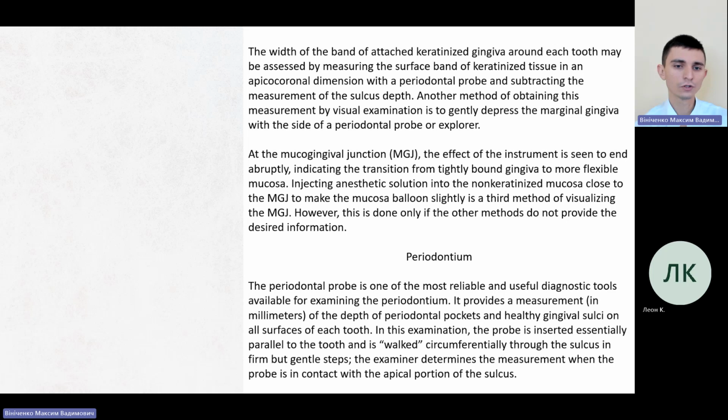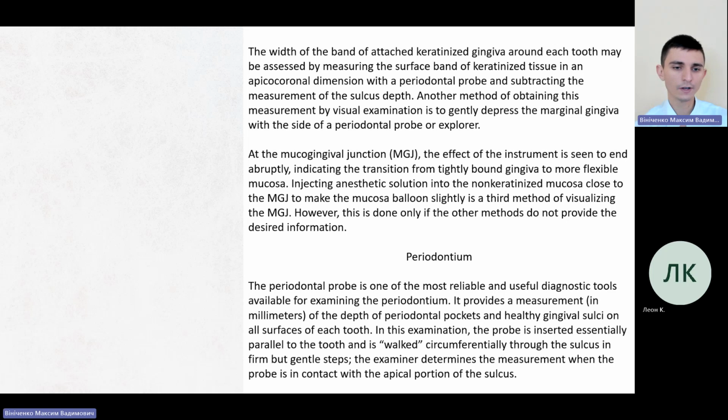Injecting anesthetic solution into the non-keratinized mucosa close to the MGJ to make the mucosa balloon slightly is the third method of visualizing the MGJ. However, this is done only if the other methods do not provide the desired information.